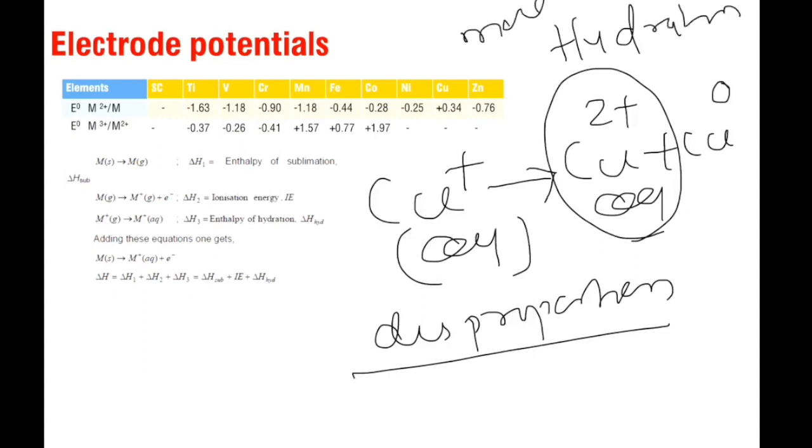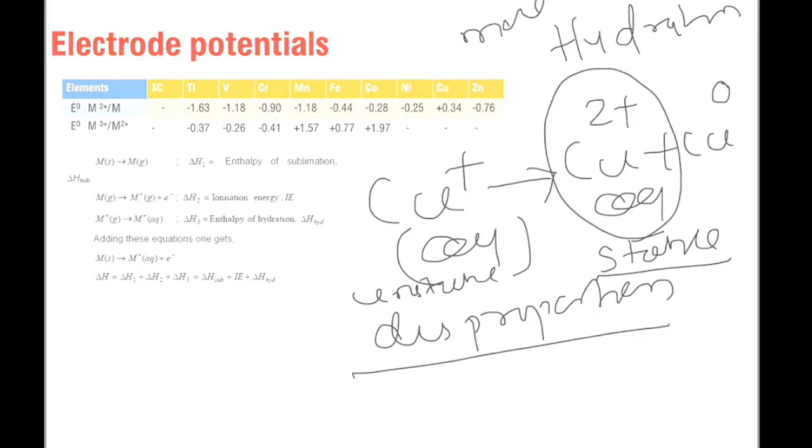More hydration means copper 2+ form is more stable, and copper plus form is unstable. So copper plus undergoes a disproportionation reaction in aqueous medium to convert to copper 2+ and copper 0 form. You remember this point, okay?